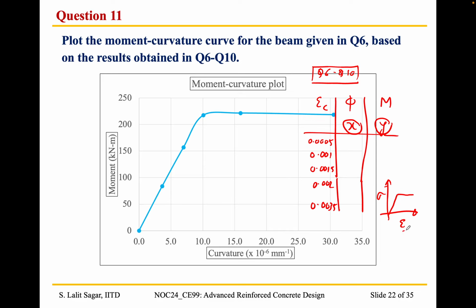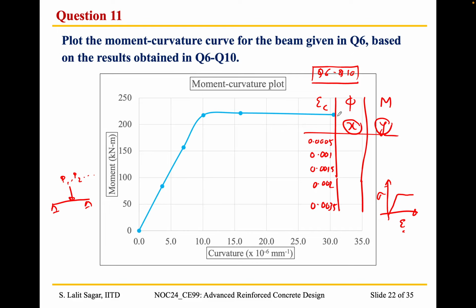to a significant value of strain. So when we take up a beam and keep on loading it, like P1, P2 and so on, even after the yielding of the steel reinforcement, it is able to undergo deformation in the form of curvature to a significant amount.